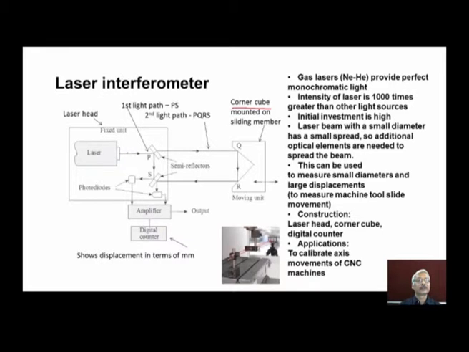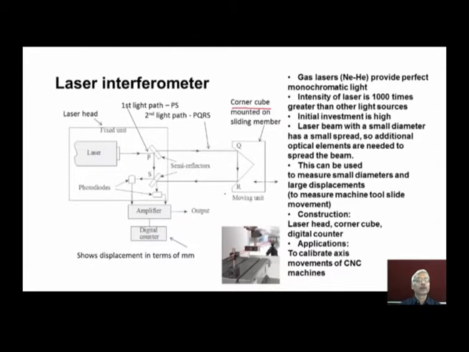We get the laser light, and then we have the two photodiodes, and then two semi-reflectors are housed in the laser head, and then we have the amplifier to amplify the signal, and then there is a counter to count the number of fringes.